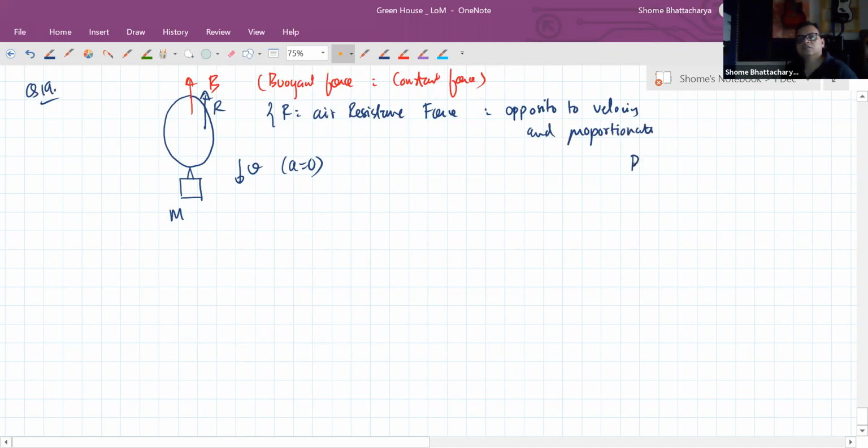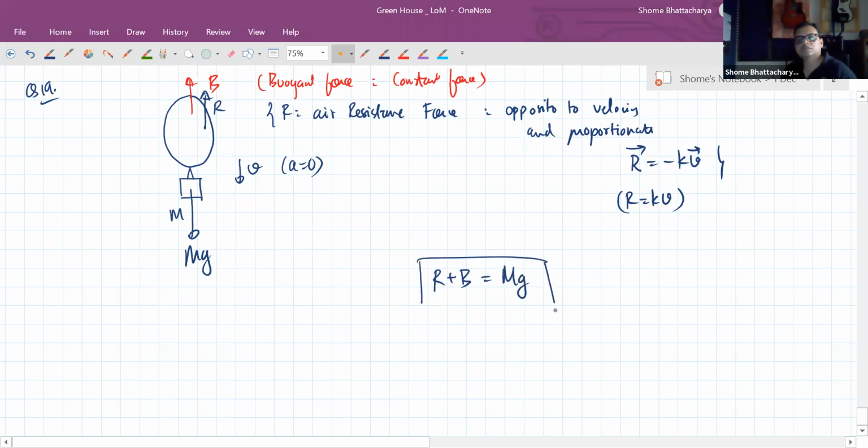As a vector, it would be minus some constant into v, or the magnitude would be some constant into v, but direction would be opposite. And of course there's the weight of the block, so there is capital Mg, and acceleration is 0. So the equation that we are getting from here is that R plus B is equal to capital Mg. This is the first situation.